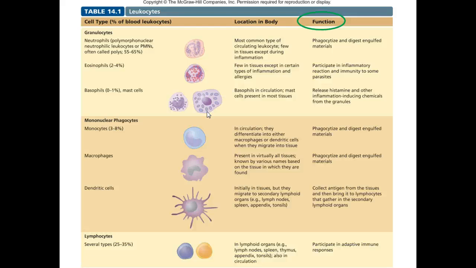Okay, so then our mononuclear phagocytes, and these are really named after their nucleus, which stays intact, although it tends to have a little indentation in it sometimes. As I said, monocytes is the name we give to the macrophages when they're traveling through your blood. They have the same abilities. They can phagocytose materials in your blood. Your macrophages are in your tissues.